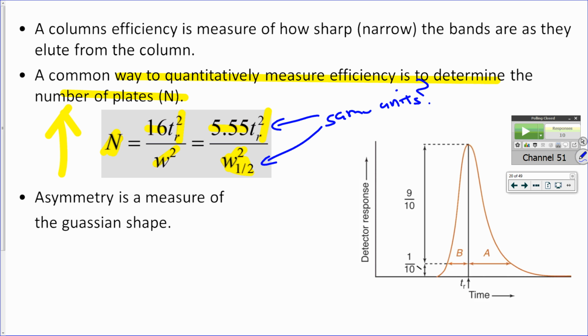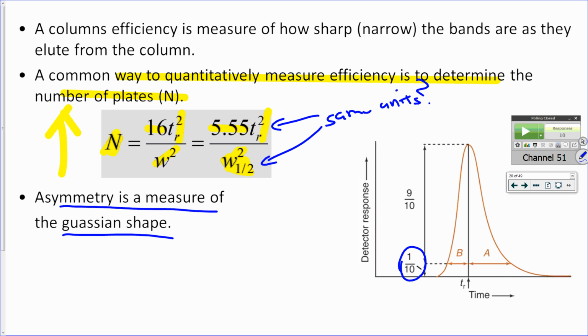Now, another thing we look at to tell us if the system is working in a way that we expect it to work is whether the peaks are symmetrical or not. Ideally, we have things that are symmetrical. The asymmetry measure is the measure of the deviation from Gaussian shape. When I look at a peak, I typically do a measurement at 10% of the height.